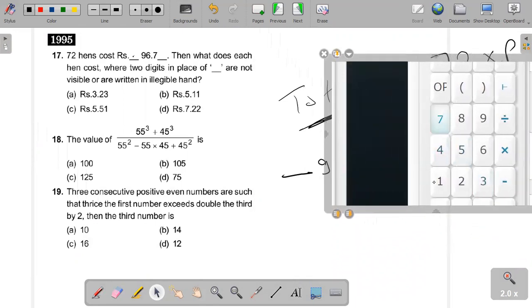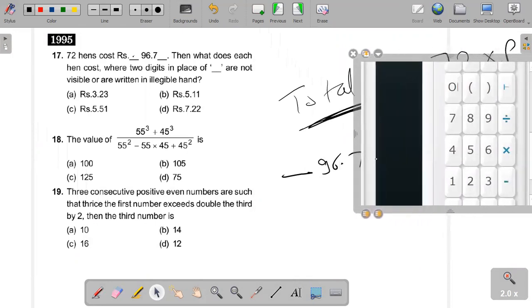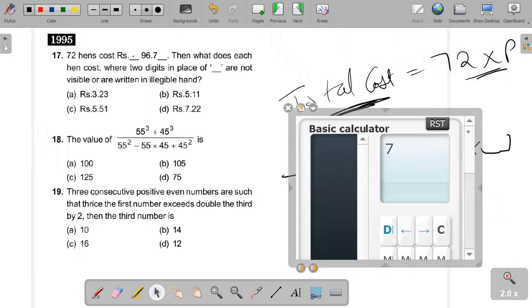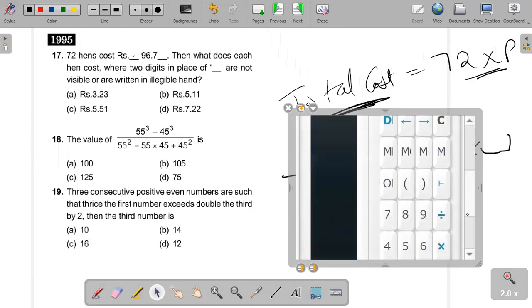Okay, so this, it's too big in size, but I think it's all right.